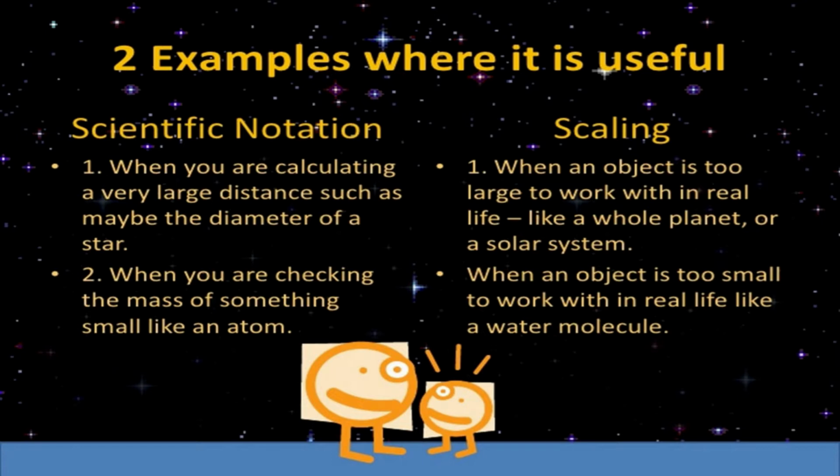And also in scaling, when an object is too large to work with in real life, like a whole planet or a solar system. When an object is too small to work with in real life, like a water molecule.